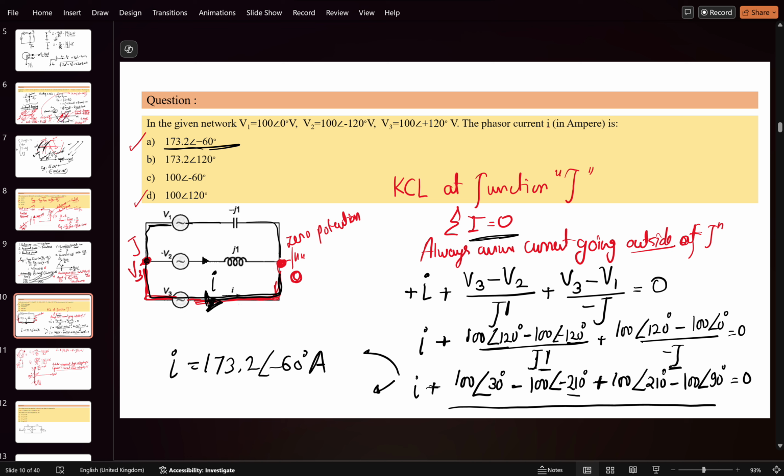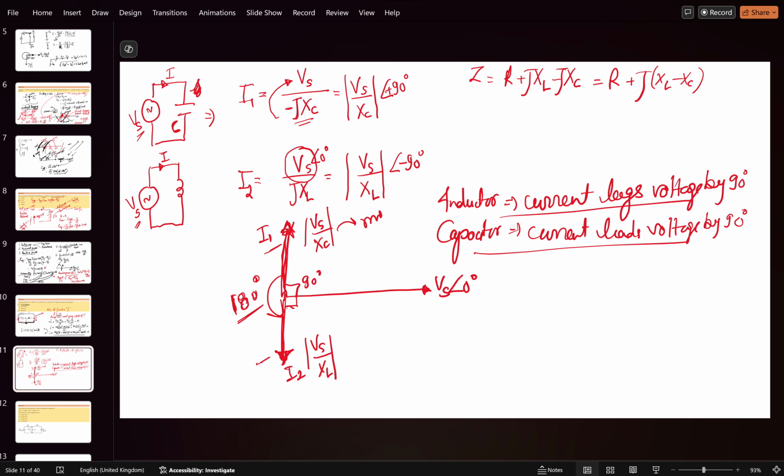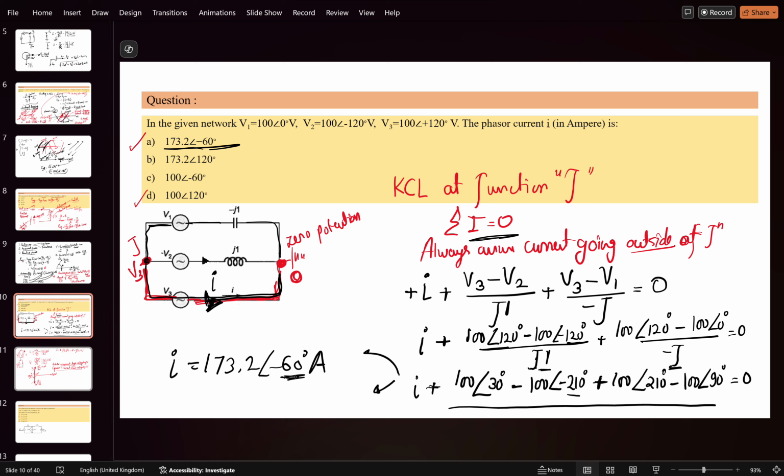So this is a simple way: assume that current is always going out around the junction, and take one point as the zero-potential reference. You will find that at a particular junction when you apply the KCL, always see which is leading or lagging. In this question, minus 60 is coming, which means it is lagging.